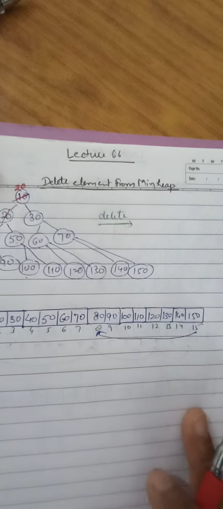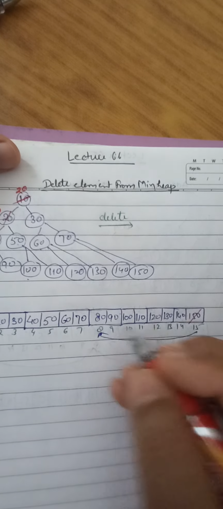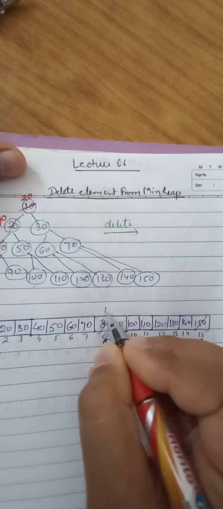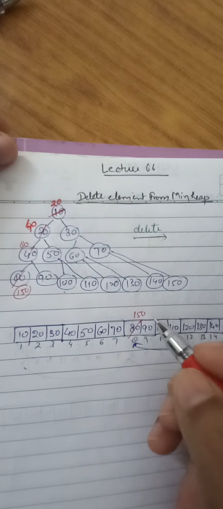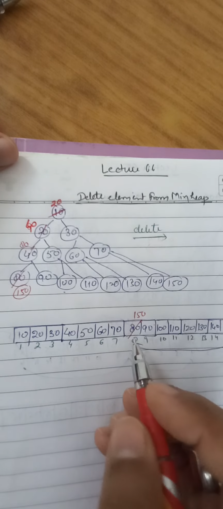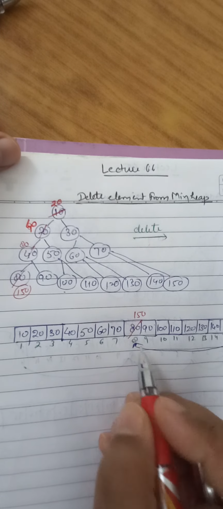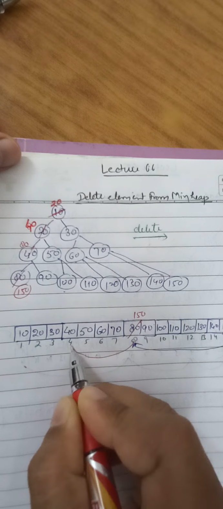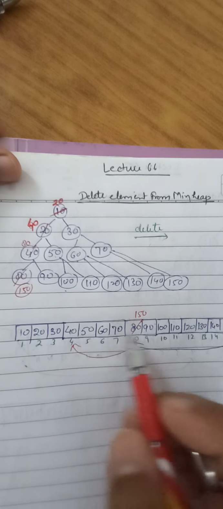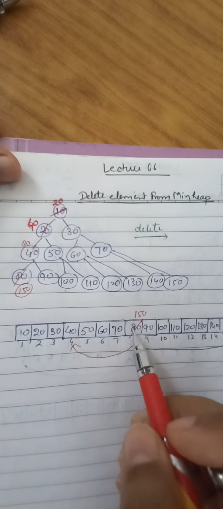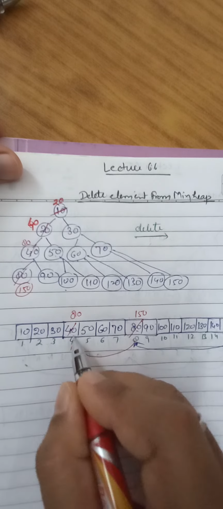So we are deleting one element, and 150 will shift to the place of 80. Then again its parent will be the 4th one. So 150 remains here, but 80 needs to be shifted, so 80 will come here.